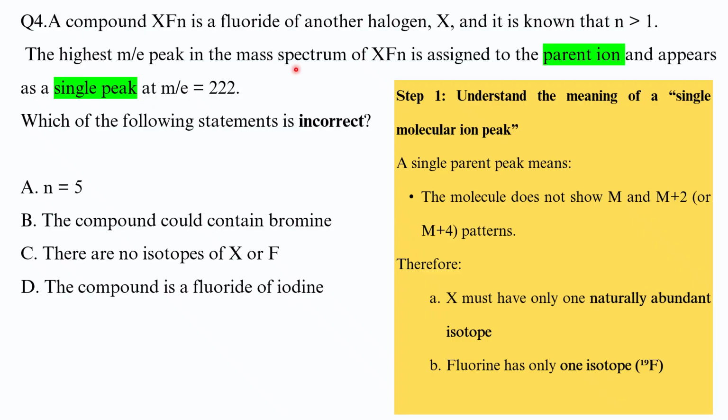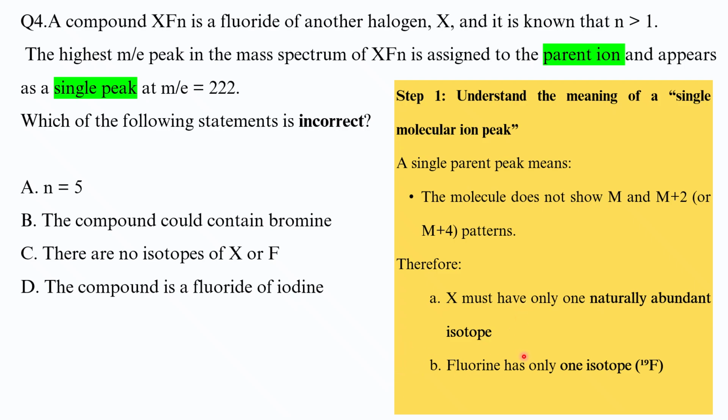So here they are giving a hint. This means if I carry out the mass spectrum, I will get just one single peak. Let us first understand the meaning of a single peak. When I say single peak, this means in the parent molecule there are no isotopes present. So X does not have any isotope, and fluorine also does not have any isotope.